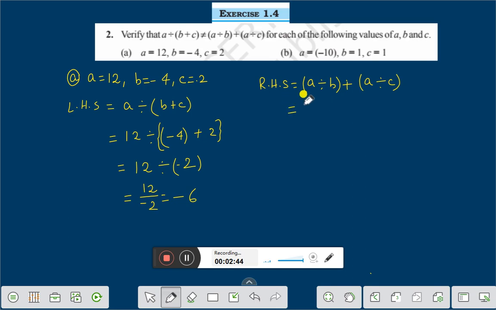A divided by b, a is 12 divided by b means minus 4, plus a divided by c, plus a is 12 and divided by c is 2. Right? What are you getting? That is 12 divided by minus 4 plus 12 divided by 2.